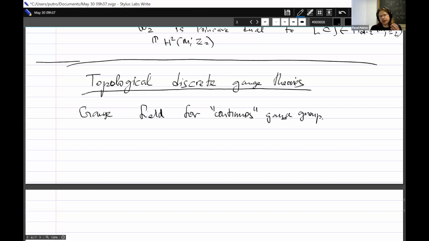Because in order to understand our theory, we first have to understand what our fields are, and the second part will be constructing an action, which defines both the classical and quantum theory if we use the path integral approach to quantum field theory. So in order to understand what the fields should be in the discrete gauge theory, let us briefly review what the fields are in continuous gauge theory, and what the gauge invariant information contained there is.